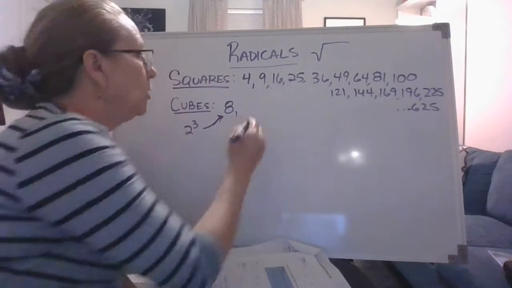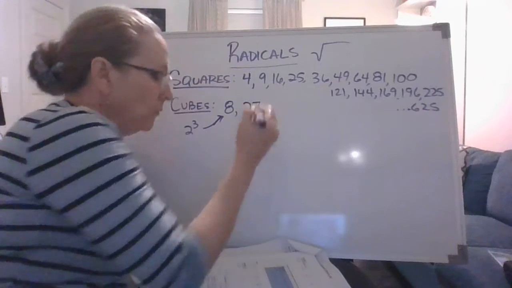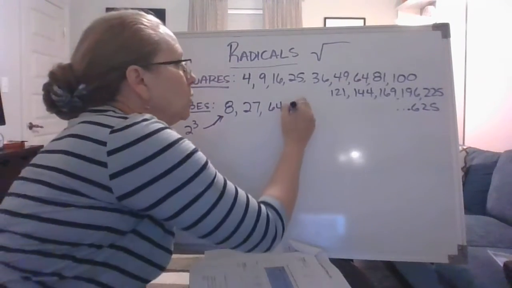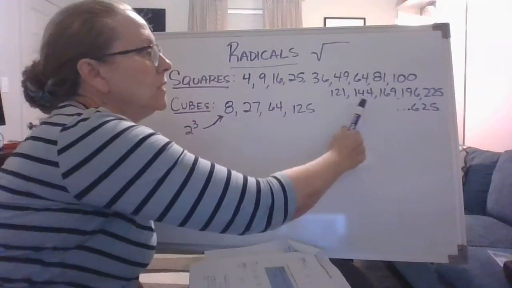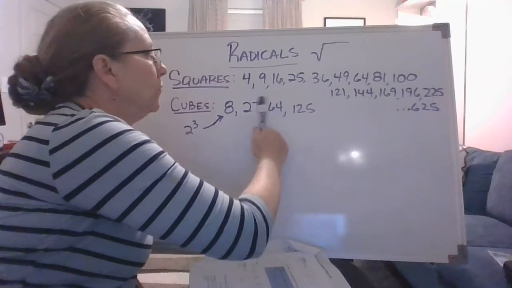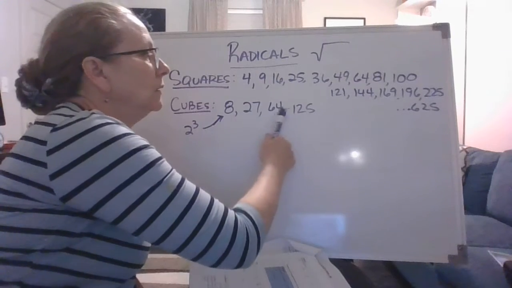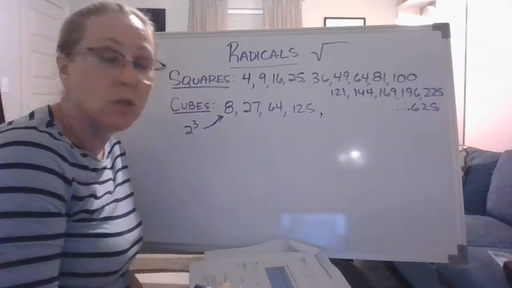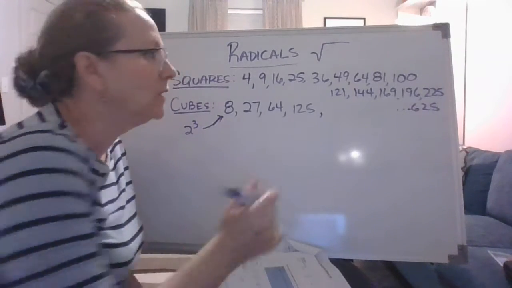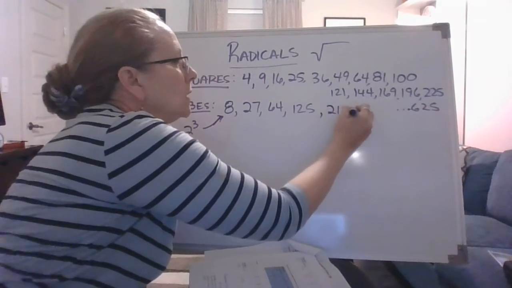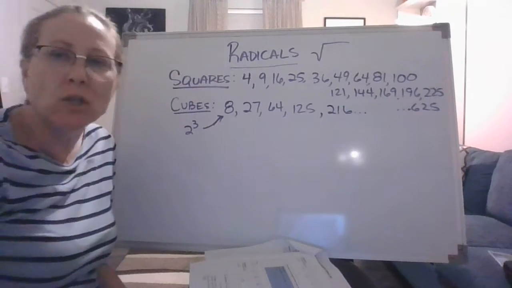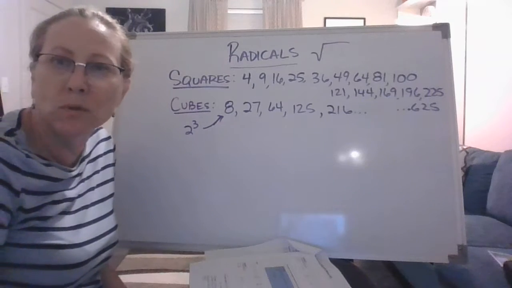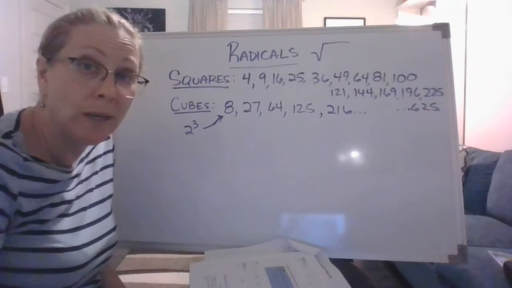And then 3 cubed is 27. 4 cubed is 64. 5 cubed is 125. Started to see some crossover a little bit. 64 is in there, up here. And then 6 cubed, you're going to see it, but not too often. 216. And pretty much at that point, those are the most common numbers that we're going to use right now.